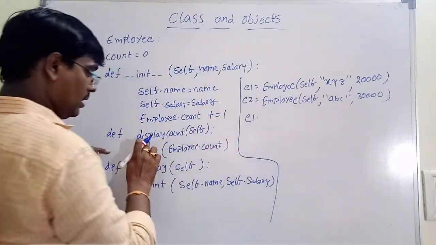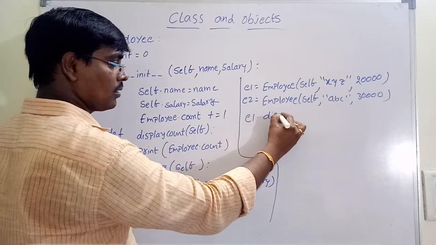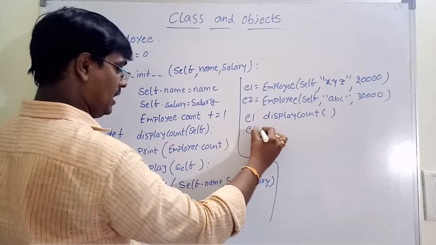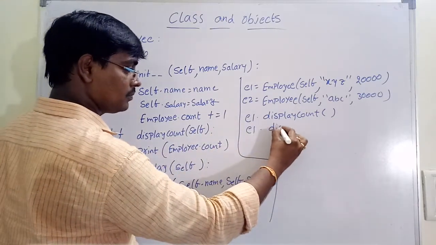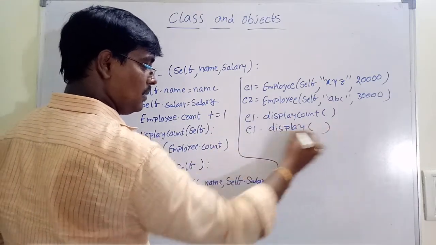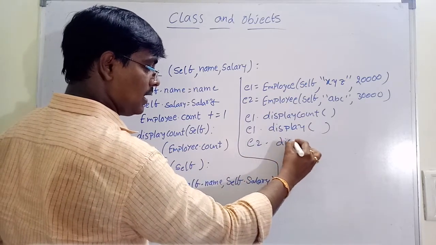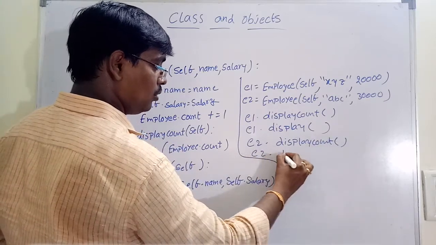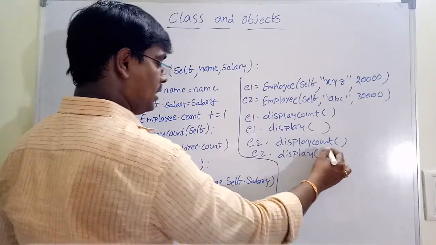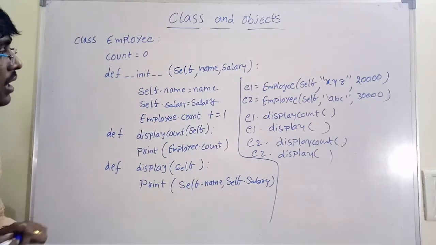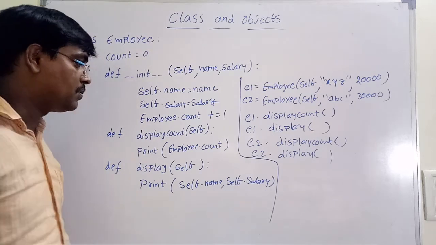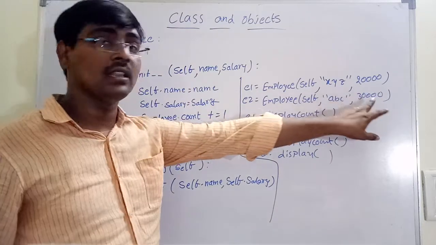Now E1.displayCount(), E1.display(). Similarly, E2.displayCount(). Suppose the display function, what does it display? For E1.display, it displays XYZ and 20,000. For E2.display, it displays ABC and 30,000.